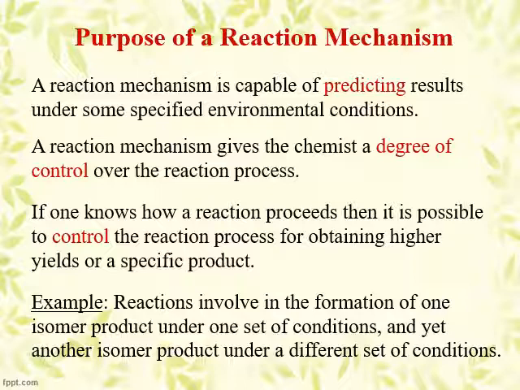If we know how a reaction proceeds, then it is possible for us to control the reaction process to obtain a higher yield of a specific product. For example, a reaction may form one isomer product under one set of conditions, and another isomer product under a different set of conditions. So we can control that.